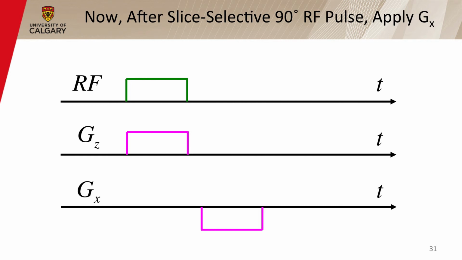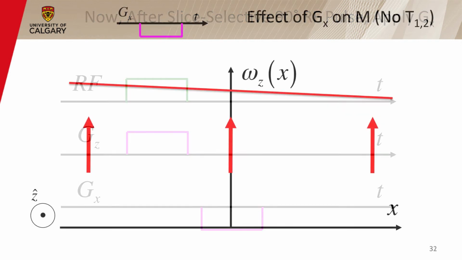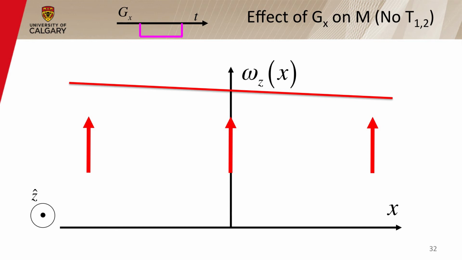If you think back to our diagram, that means that these protons are going to be precessing slightly faster than these protons, okay? Now I want to put you into the frame of reference of the actual isochromats. So we're going a step further and looking at the magnetization, not just the individual spins, okay?